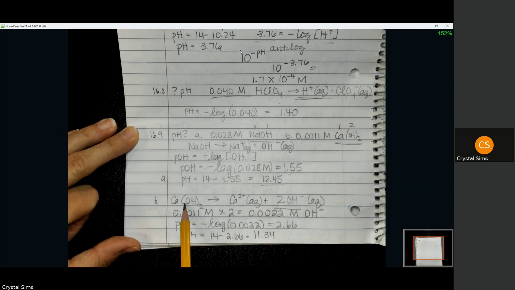If you have more than 1 mole of hydroxide, then you're going to have to multiply your molar concentration of the starting solution times however many moles of hydroxide you have. Usually it's going to be 2. And then take the negative log of that and subtract from 14.